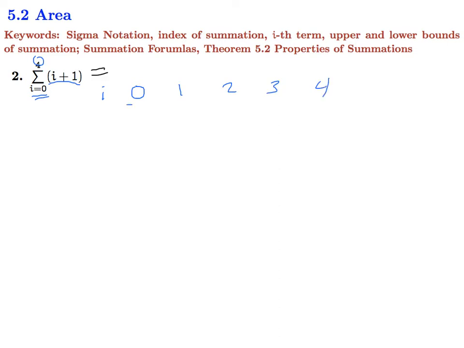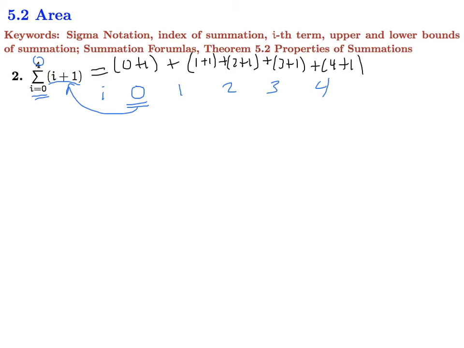And we're going to use these in our pattern here. If we put 0 into our pattern, our first term will be 0 plus 1, plus 1 plus 1, plus 2 plus 1, plus 3 plus 1, plus 4 plus 1. I've gotten a little off here with organization, but in each case I've used my i in my pattern.